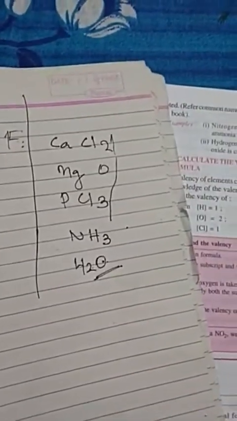These are the rules, or the method, that we use to name a compound. We should remember it.